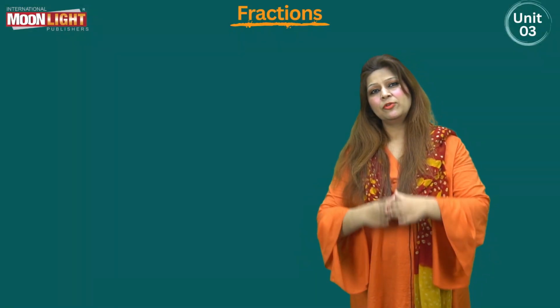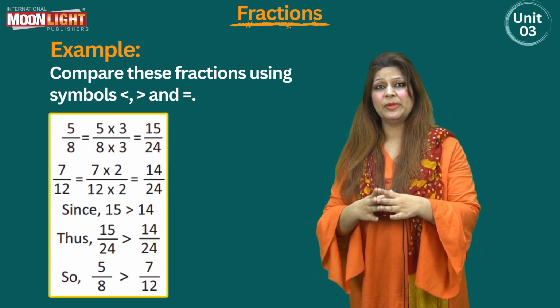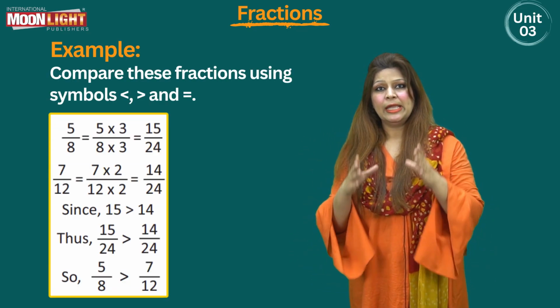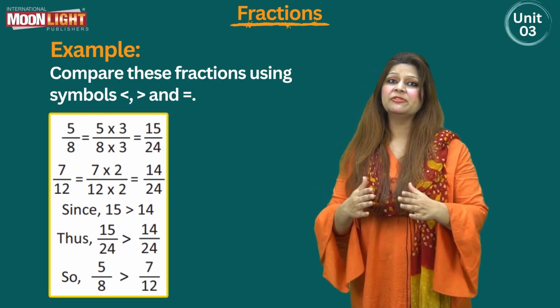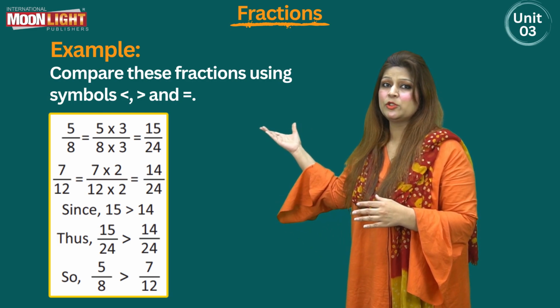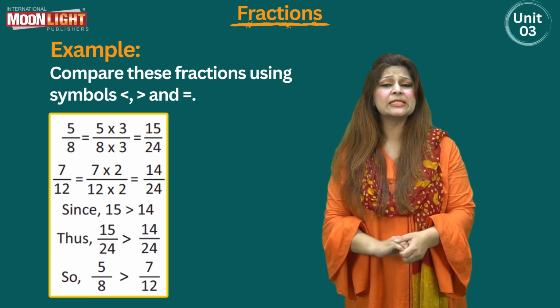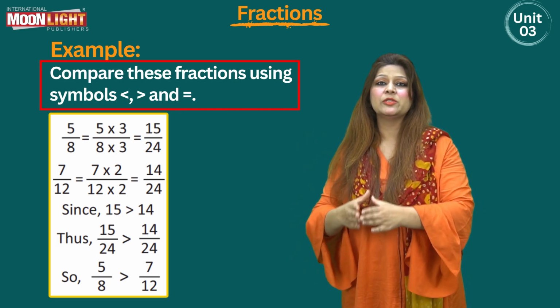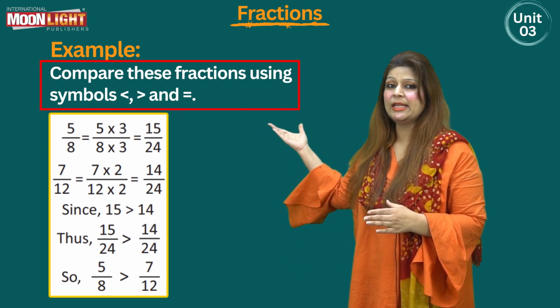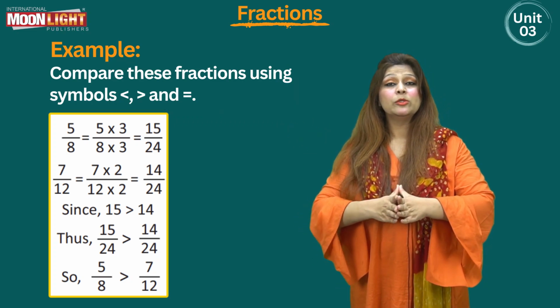If you remember, for comparing like fractions, we just compare the numerators. Now here we are going to convert the fractions into like fractions. For comparing unlike fractions, you can check the example. The statement of the example is: compare these fractions using the symbols less than, greater than and equal to.